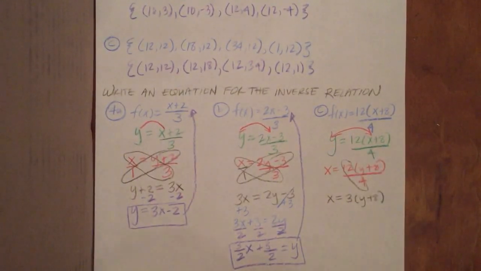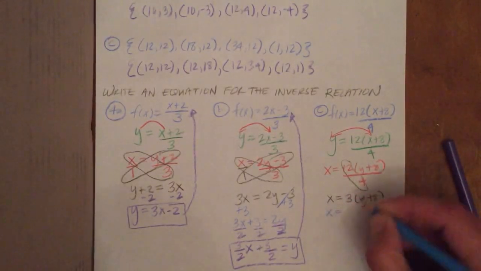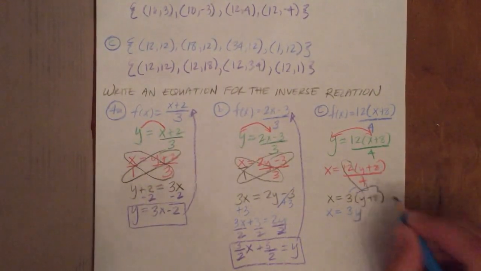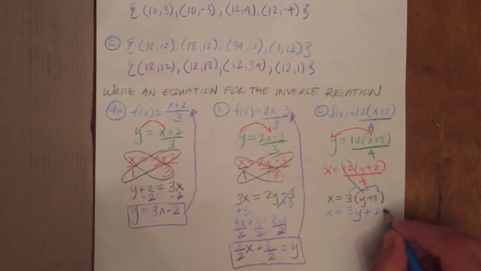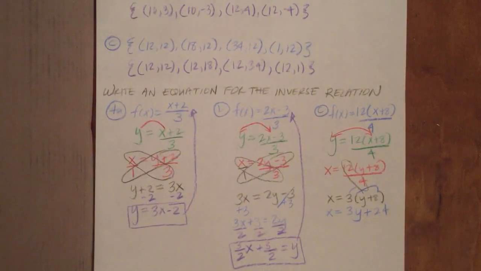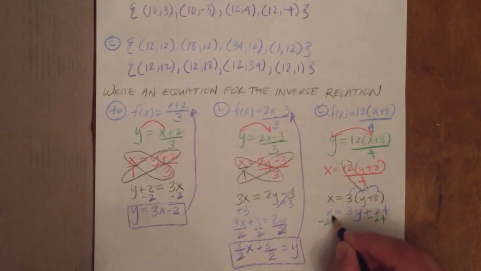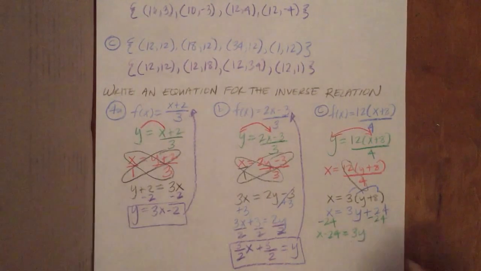Now I no longer have a fraction. So I'm going to distribute. So x equals 3 times y, which is 3y, and 3 times 8, which is 24. Remember your distributive property. Then I'm going to subtract the 24 because I want to get the y by itself. So I have x minus 24 equals 3y.